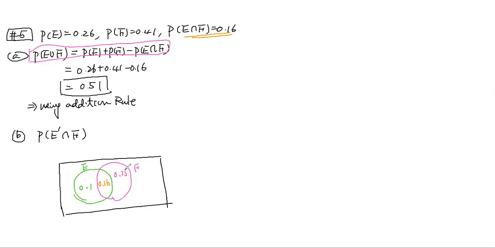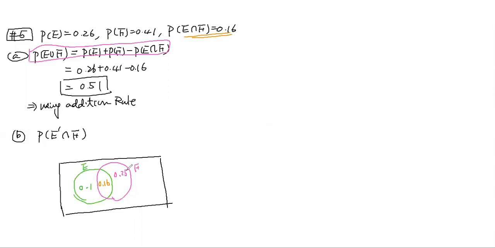If you see my color coding, 0.25 plus 0.16 will give you the whole big circle of F. Then 0.1 plus 0.16 will give you the whole big circle of E, right?